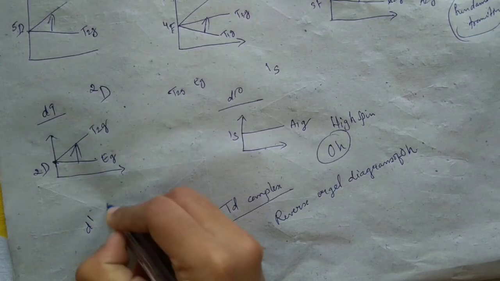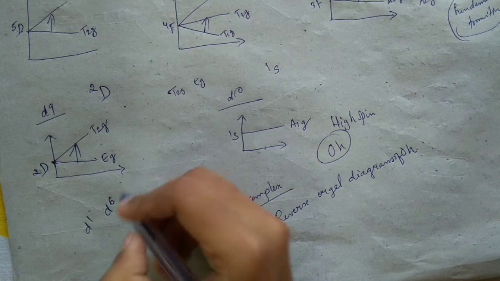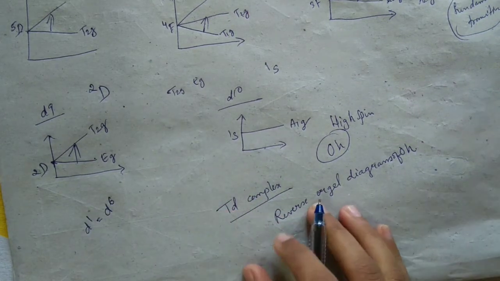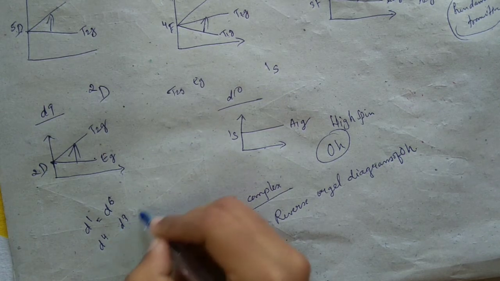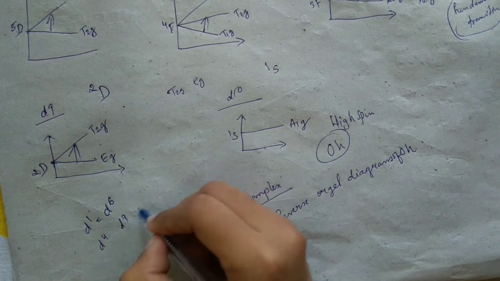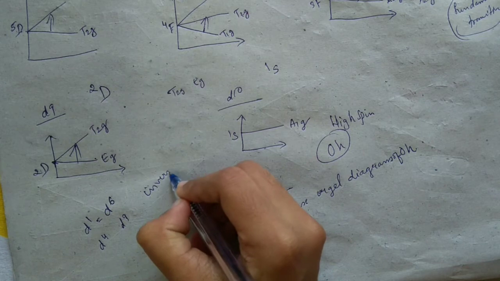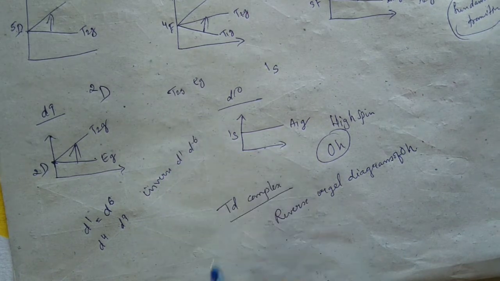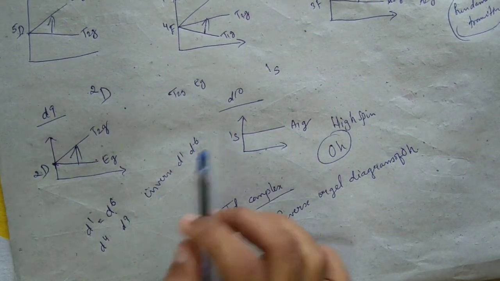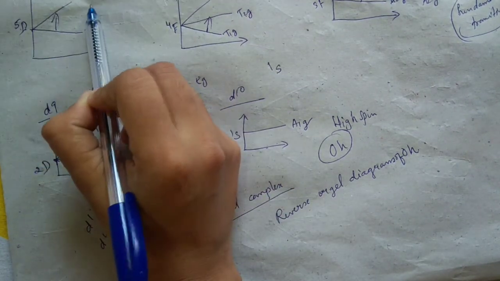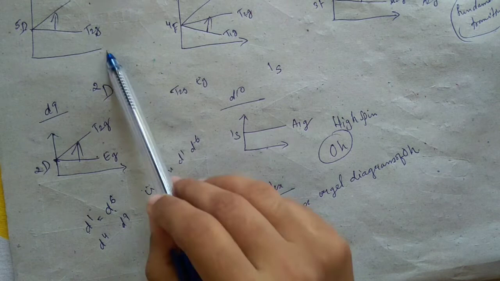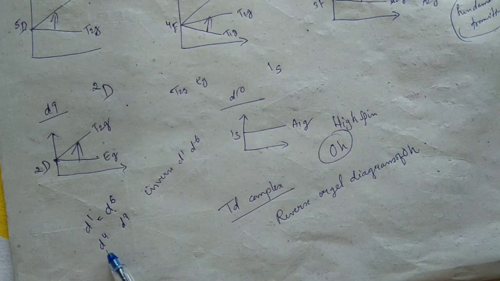For D1, D6 the transition is the same, and for D4, D9 it is the inverse of D1, D6. For D6 it is from T2g to Eg, and for D1 also T2g to Eg. In D9, what happens? Eg to T2g.